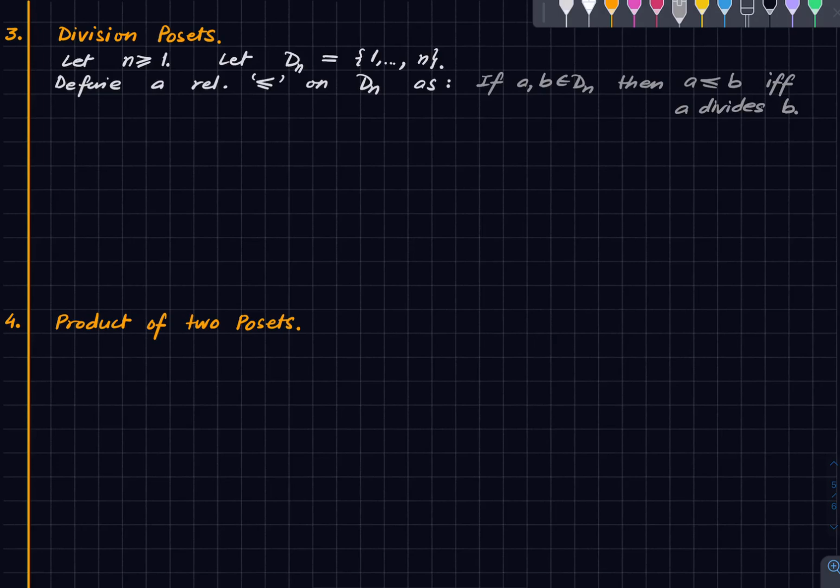So that's a very nice partial order on D_n, and therefore we get a poset.